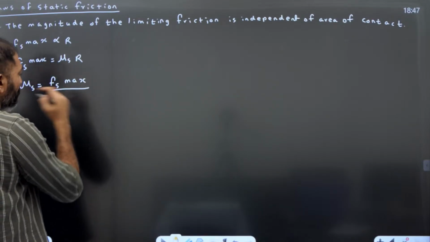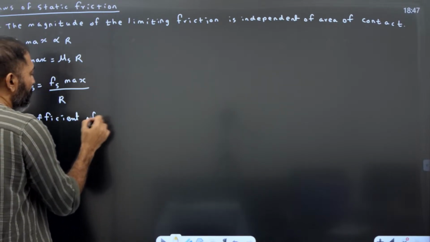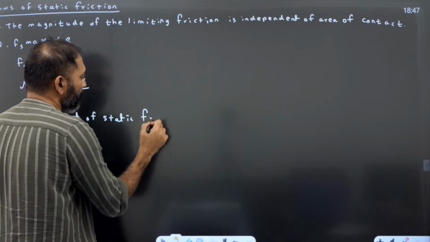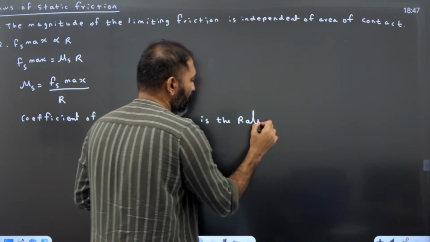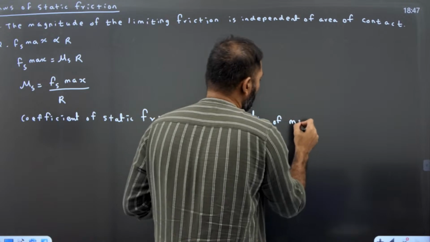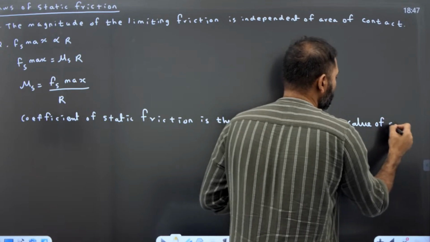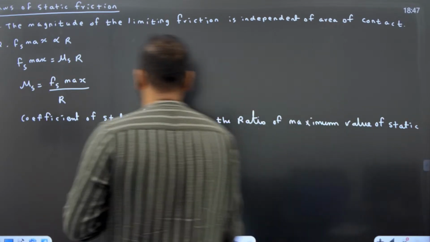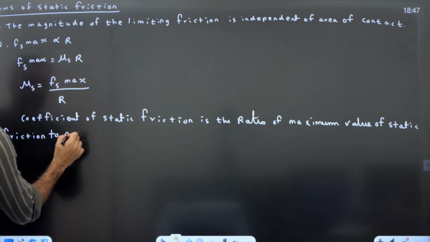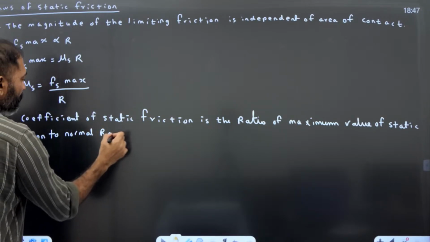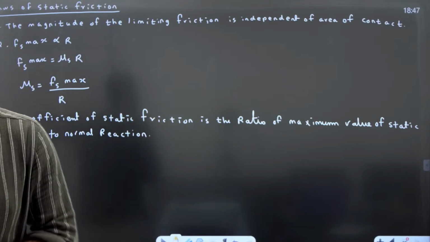The coefficient of static friction is the ratio of the maximum value of static friction to the normal reaction.